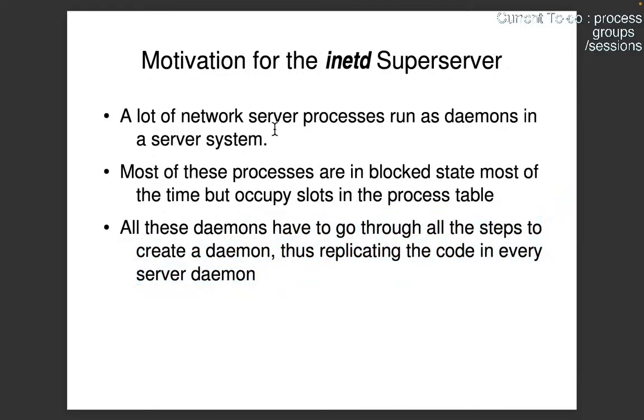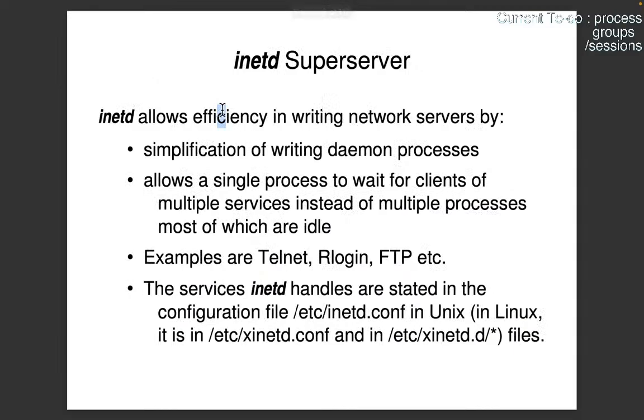This allows efficient writing of network servers by simplifying writing daemon processes, and allows a single process to wait for clients for multiple services instead of multiple processes, most of which are idle.